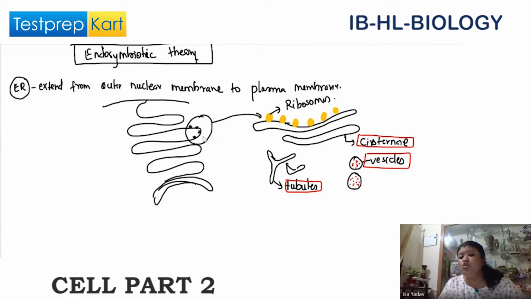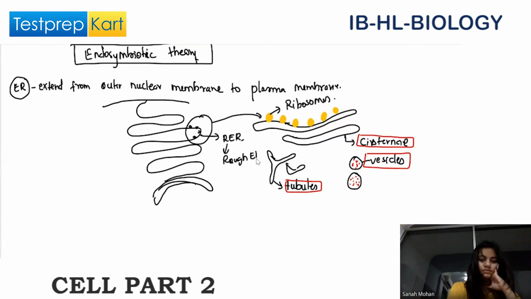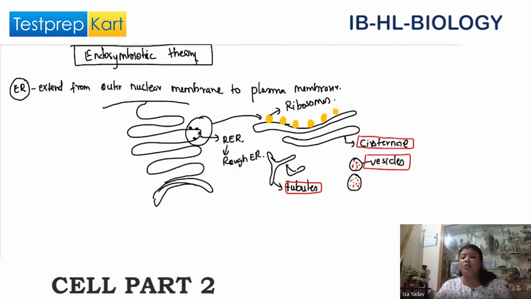Since there are ribosomes on the surface, from the top it appears rough. So this endoplasmic reticulum is called RER, that is rough endoplasmic reticulum. Can you tell me what is the function of the RER?